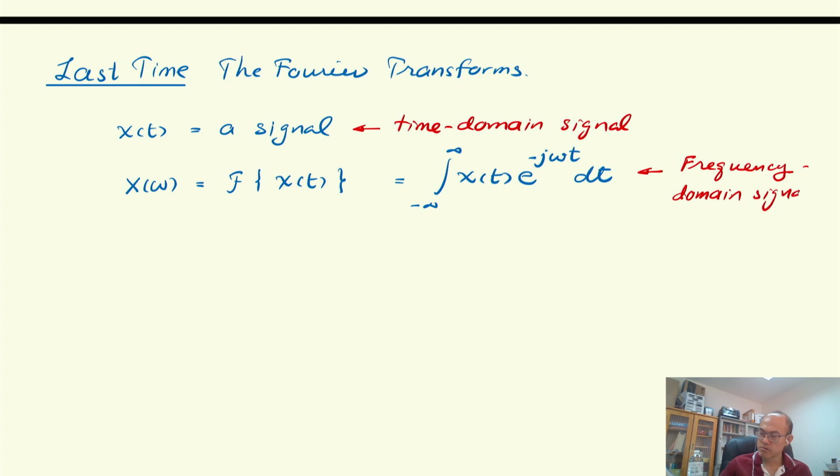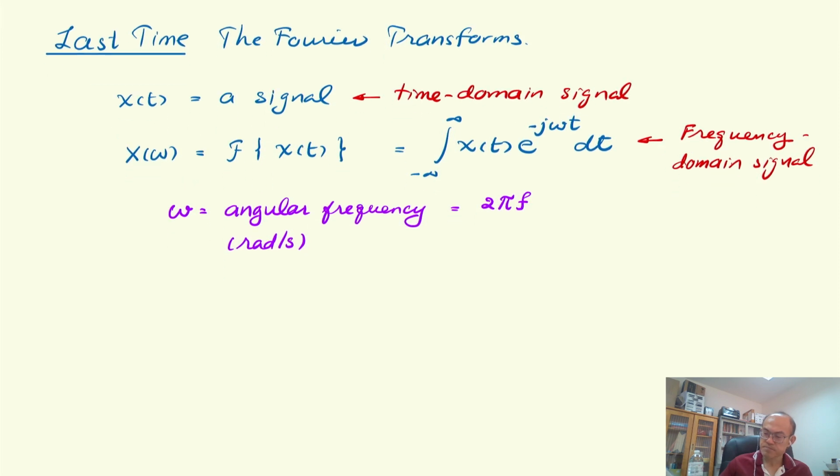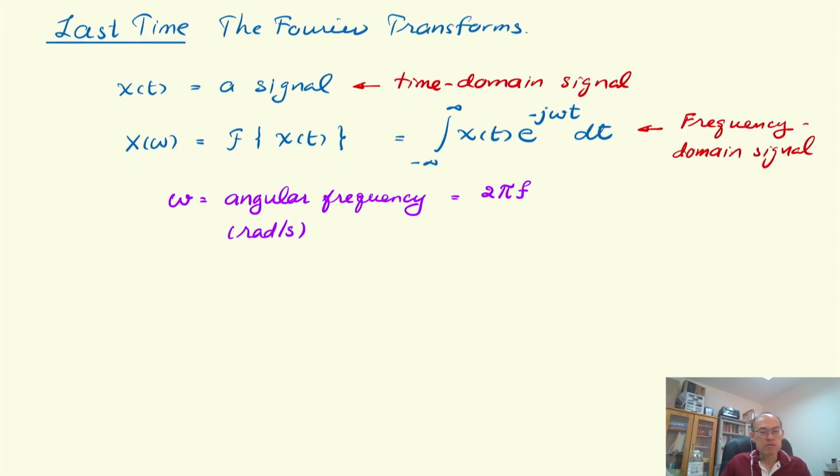Its value depends on the frequency omega. Omega is the angular frequency, and it is equal to 2 pi times the ordinary frequency f. The unit of omega is radians per second.